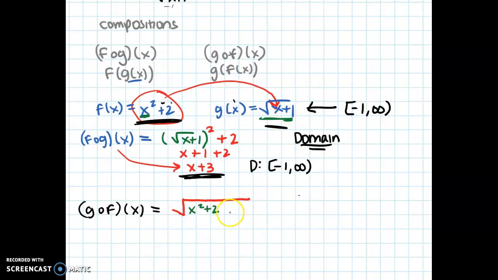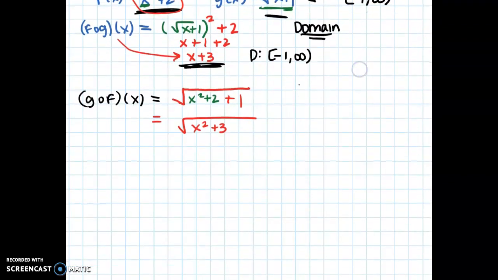And then I have this plus 1 from my original problem. This one's a little bit more straightforward because you will combine the two things. Just be careful because you cannot square root the x squared because this 3 is connected to it, and there is no way to factor this or somehow simplify it. So this is my g of f of x.